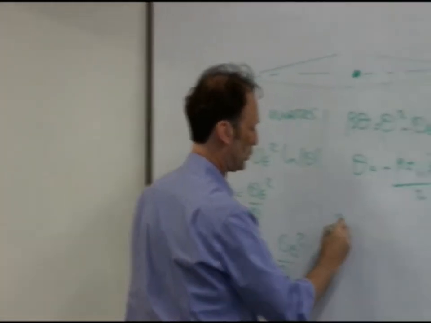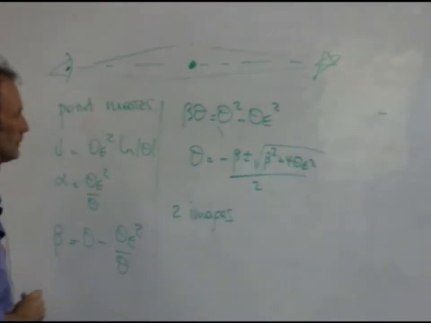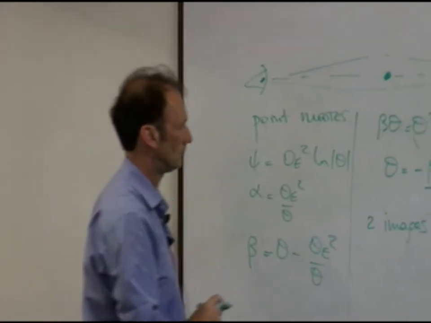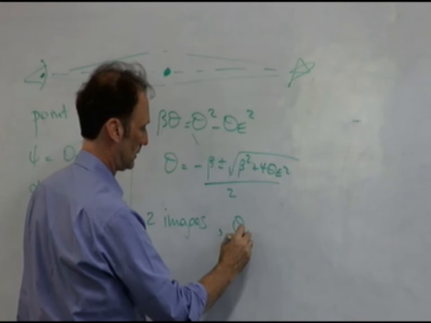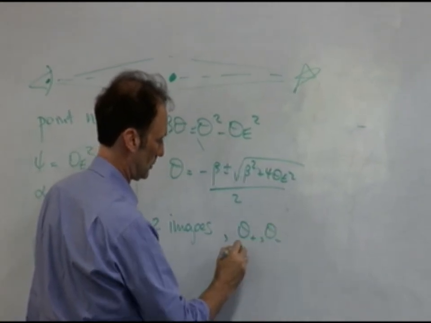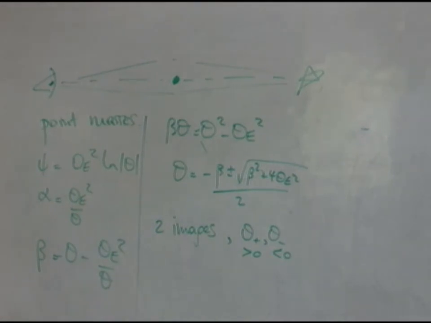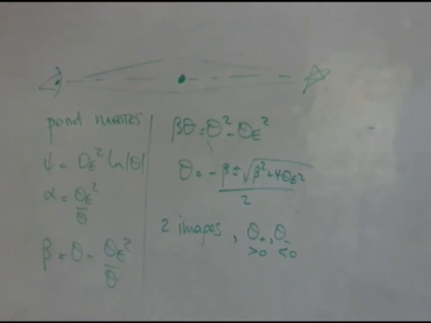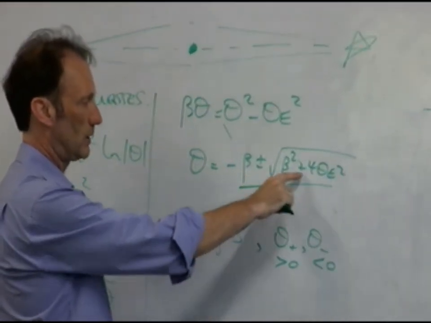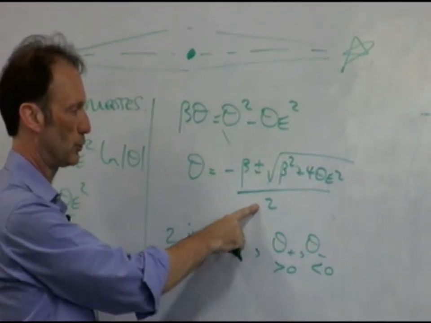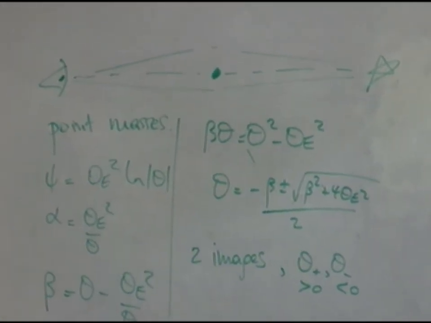So we always have two images. And you'll see that there's always a positive and a negative root. And when beta is very large, so the source is very far from the lens, you basically end up with one root very, very close to 0 and the other root very close to the source position.